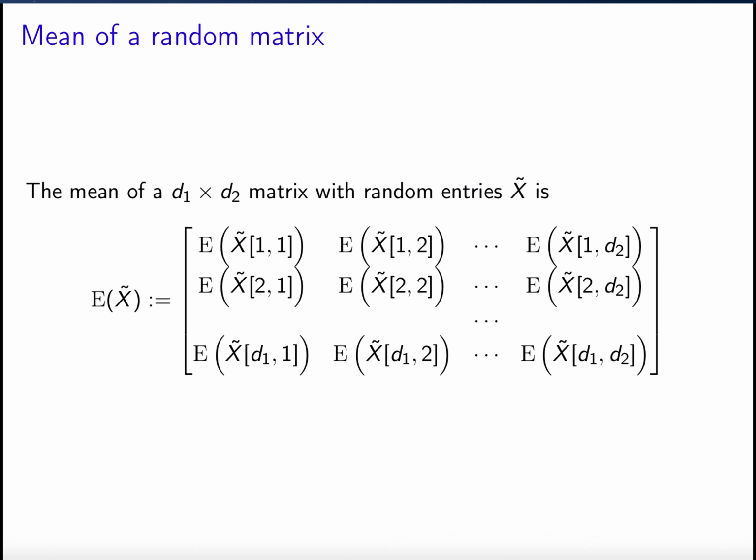For matrices that have random entries inside, we define the mean of the random matrix in the same way. So here we have random matrix X. We define the mean of X as the matrix that has the same dimensions as X and contains the means of each of the entries.